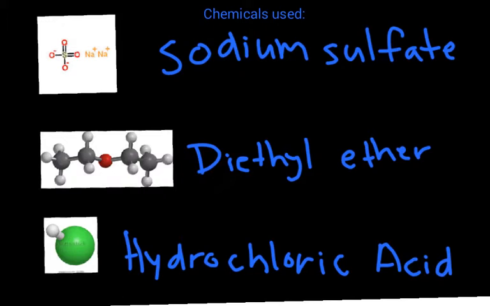The sodium sulfate was used as a drying agent in the experiment. The diethyl ether was used to dissolve the unknown compound, and the hydrochloric acid was used to acidify and react with molecules and create separation from ether because of the density.